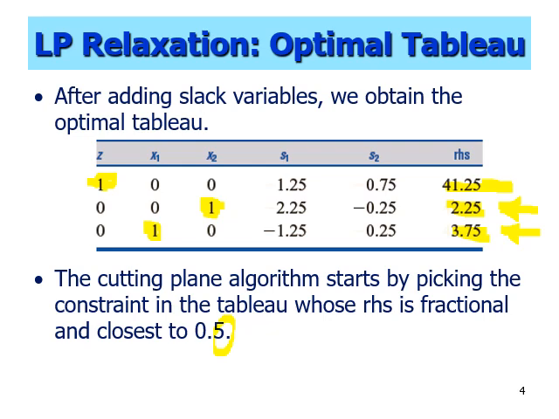However, here the decimals are 0.25 and 0.75, both equally close to 0.5, so we can just pick any of them. In this case, the book picked the second constraint to be solved by the cutting plane algorithm.